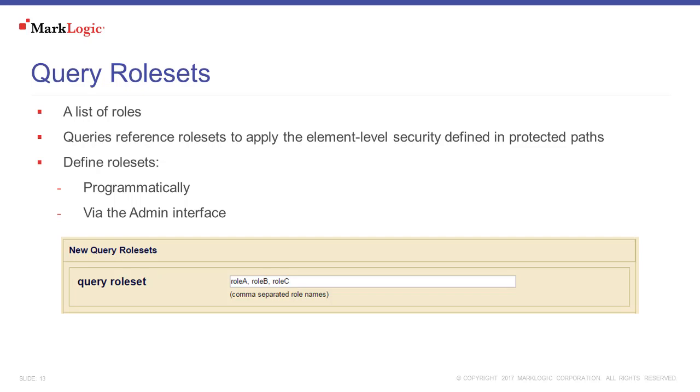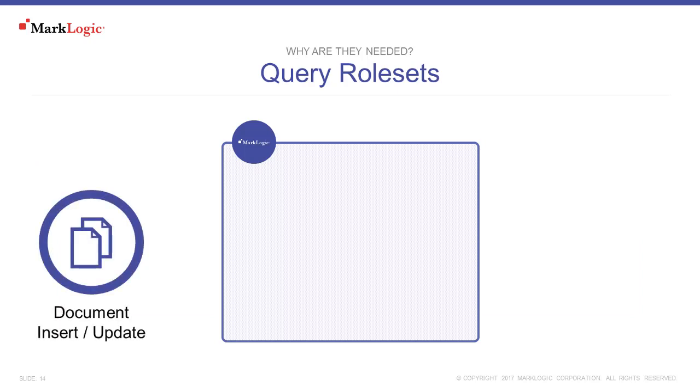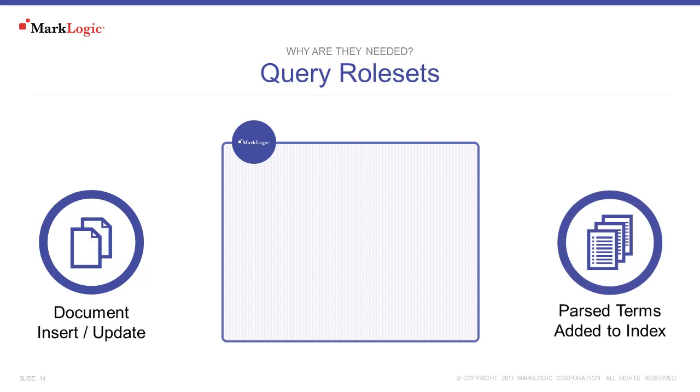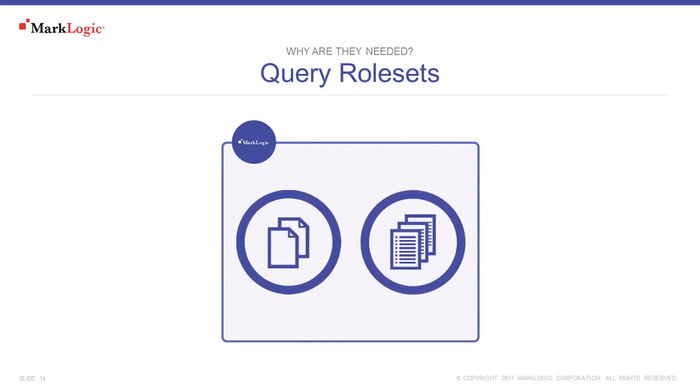Now we know from our testing in the example that we need to define a query role set because the results that we got when we searched as the M user weren't exactly what we intended in our security model design. But let's dig a little deeper into why we need to define query role sets. When you insert or update a document in your MarkLogic database, the document is parsed and the terms are added into the universal index.